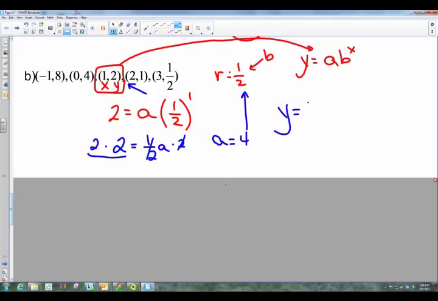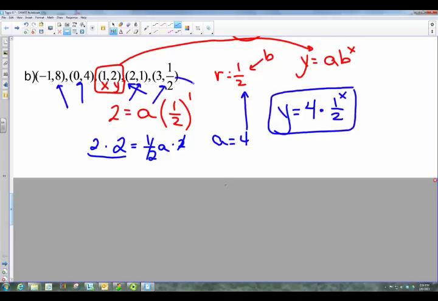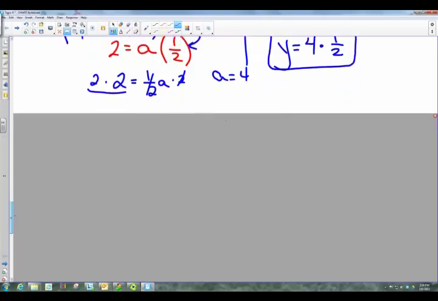So y equals a, which is 4, times b, which is 1/2, to the x power, and there is your function. Okay, so it's choosing any one of these, and I could have chosen any of these points to substitute into that equation, and it would have worked just the same way.